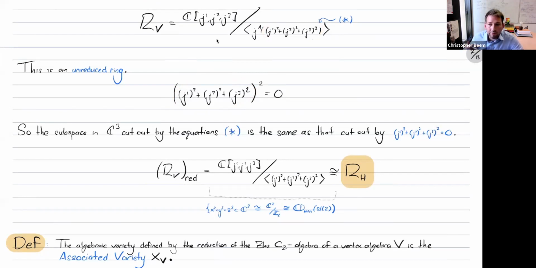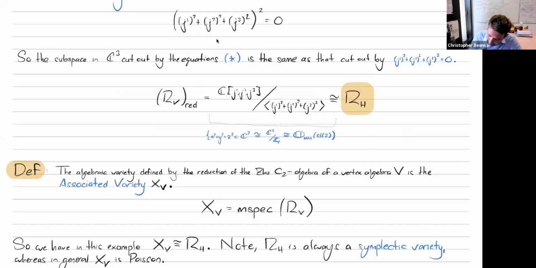And that means that if you're thinking of these relations as something which cut out a subspace in affine space, so if I look at the subspace in C3 cut out by these relations, it's the same thing as the subspace that's cut out by a relation where I set J1 squared plus J2 squared plus J3 squared equal to 0. The extra elements of the ring that I am ignoring if I'm setting this equal to 0 are nilpotent, and so they can't have an expectation value. They can't take non-zero values at any points.